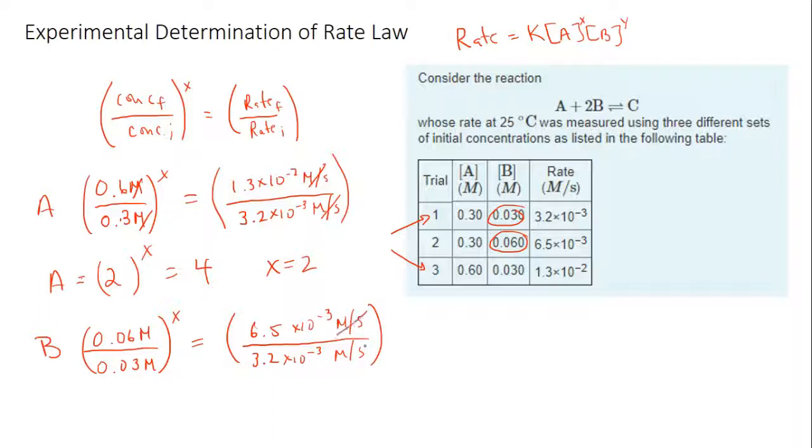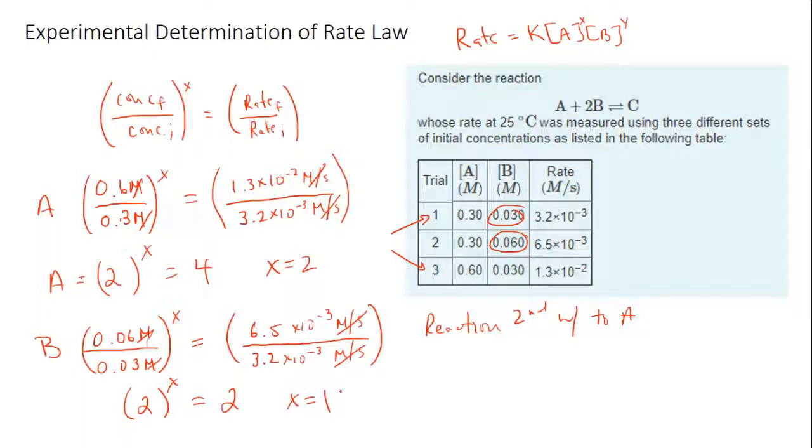Again, we divide, units cancel, and we should get 2 raised to what exponent equals, when we divide these two together, that should also get to 2. So in this case, X equals 1. So that means for A, the reaction is second order with respect to A.